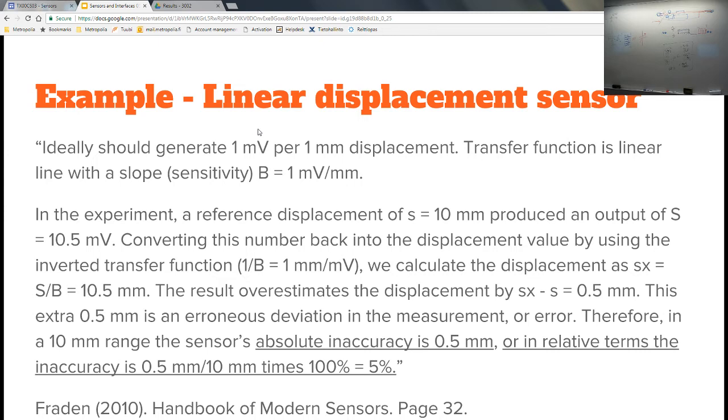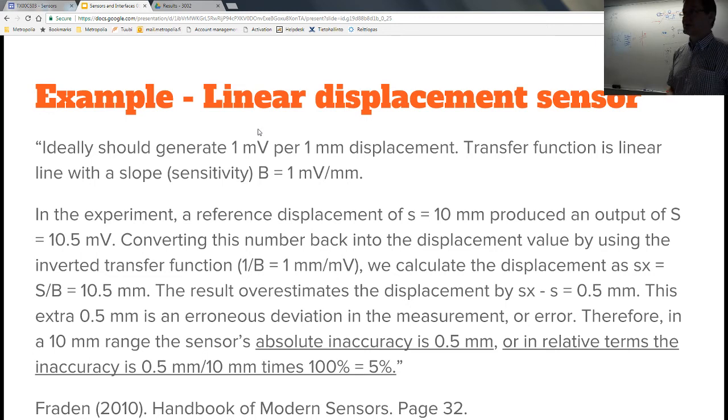That one actually gives the ratio of how much resistance you have here, divided by total resistance, times Vref. Okay. So linear displacement sensor, 1 millivolt per 1 millimeter.